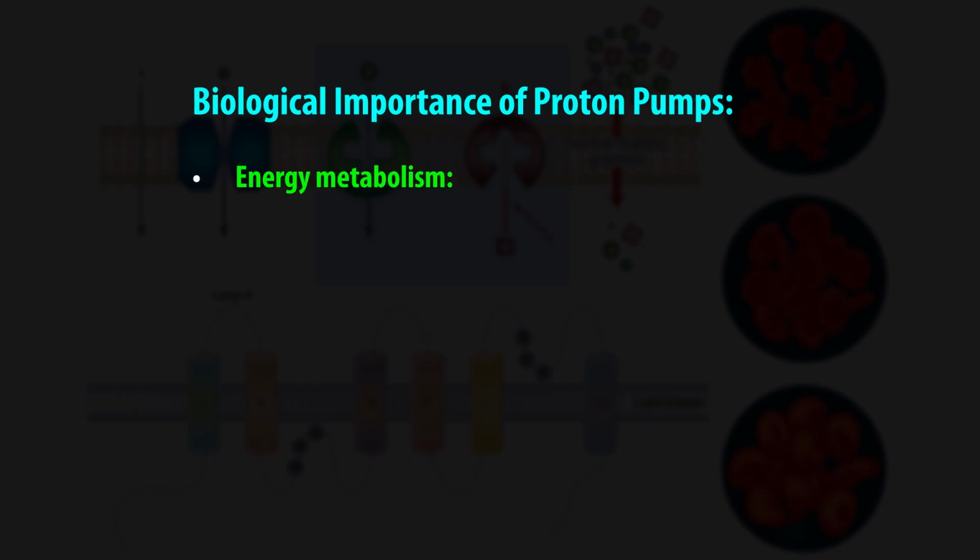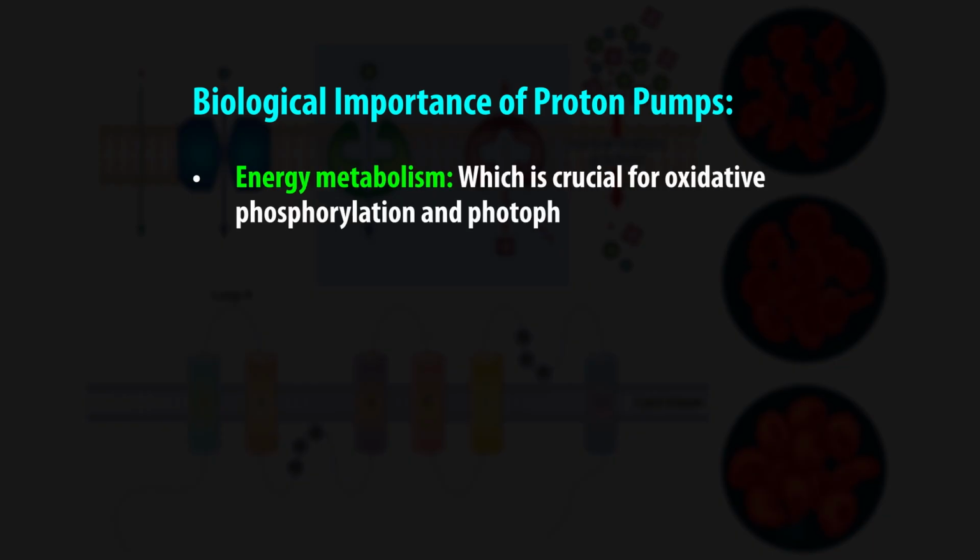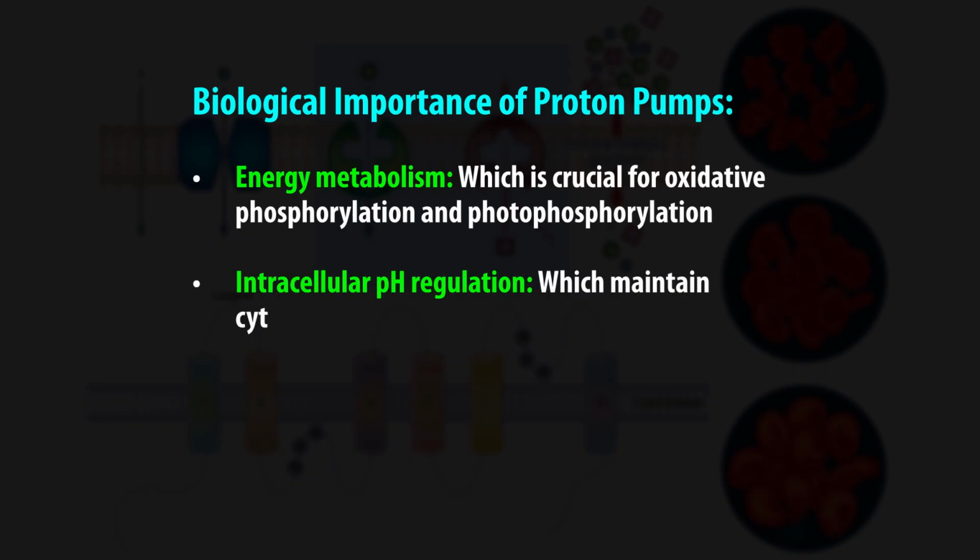First one is the energy metabolism, which is crucial for oxidative phosphorylation and photophosphorylation. Intracellular pH regulation, which maintains cytoplasmic pH and organelle acidification.